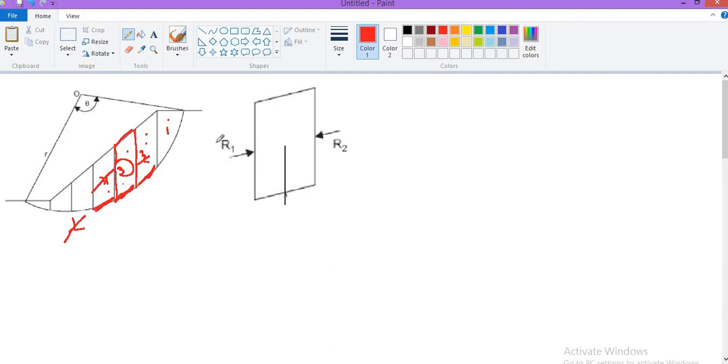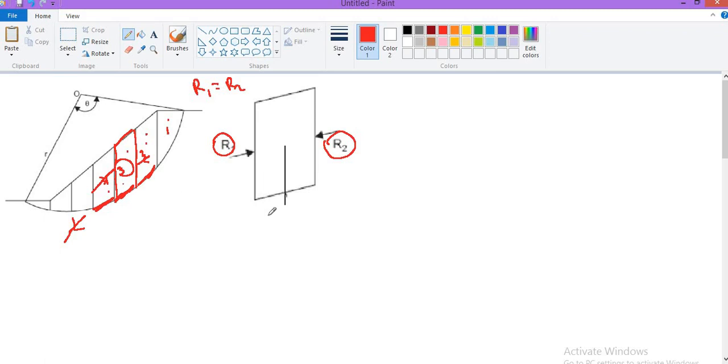Therefore we know R1 and R2 will be equal, because there is no differential movement among the slices. They will move in the same way, as an intact soil mass.